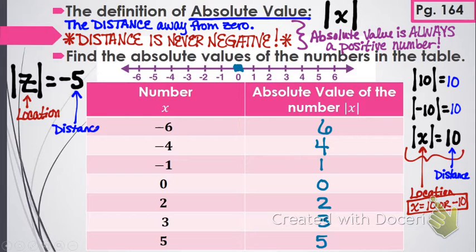What'd you say, dear? Can my distance be negative? Distance can't be negative. If I'm looking for the location, the distance has to be a positive number. So this one over here, if you see absolute value of something equals a negative, that's not possible.